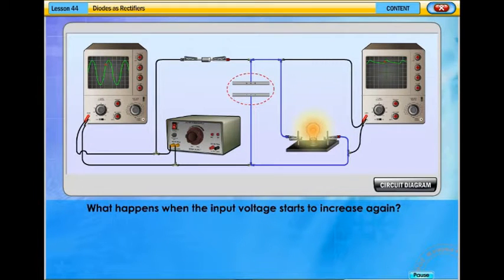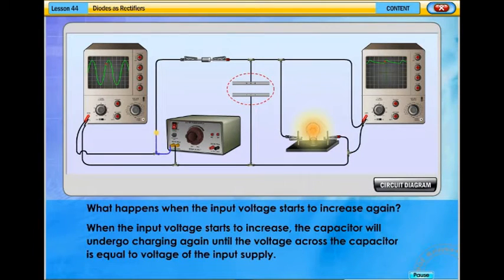What happens when the input voltage starts to increase again? When the input voltage starts to increase, the capacitor will undergo charging again until the voltage across the capacitor is equal to the voltage of the input supply.